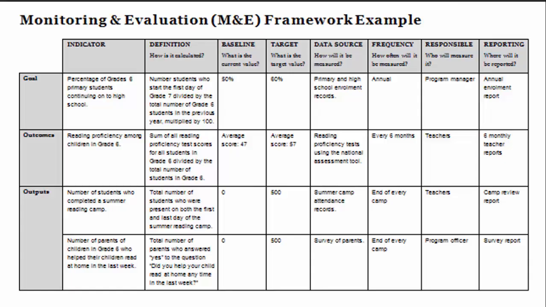From the output stage, data may be collected regularly, but as you move to the highest level of the matrix, which is the goal, data collection will be done annually.